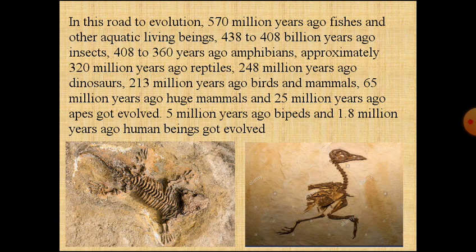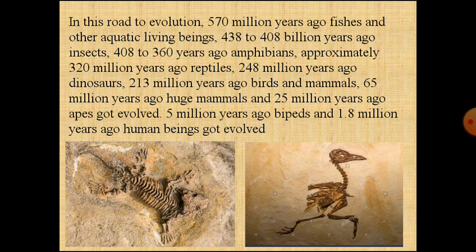Approximately 320 million years ago, reptiles. 248 million years ago, dinosaurs. 213 million years ago birds and mammals, 65 million years ago huge mammals, and 25 million years ago apes got evolved. 5 million years ago bipeds and 1.8 million years ago human beings got evolved.